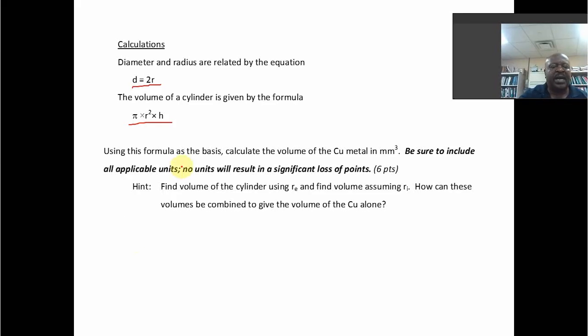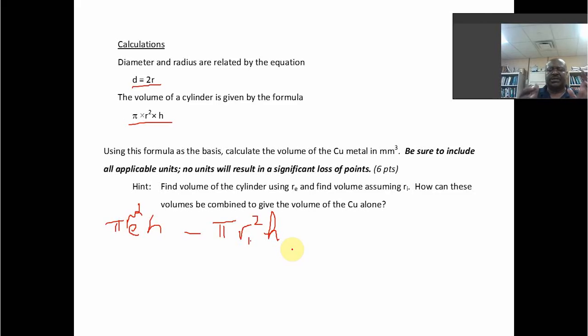So pi r external squared h, and then minus pi r internal squared h. It's better to do it this way, not the other ways. I can factorize things, but I like it this way because then it's clear to everybody what's going on.